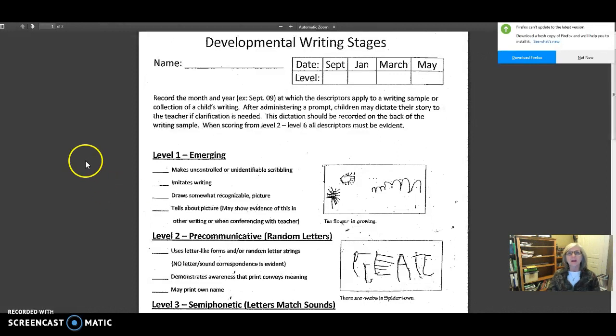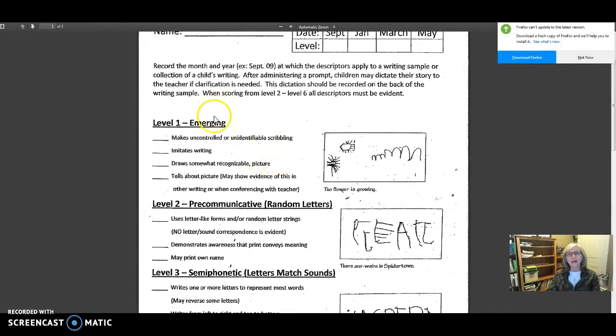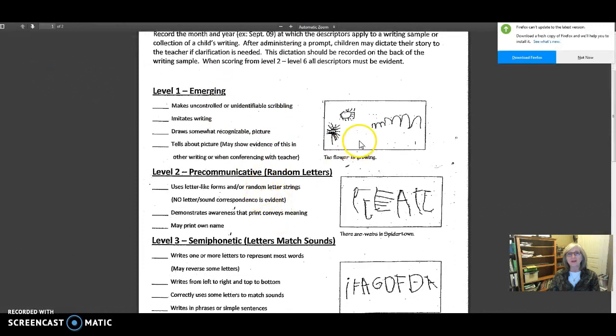And so this is really a description of developmental writing stages, where you see emerging really being just pictures and possibly trying to imitate some letter formation.